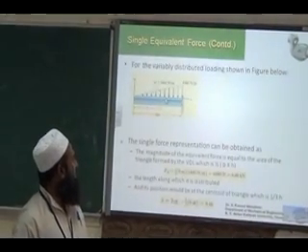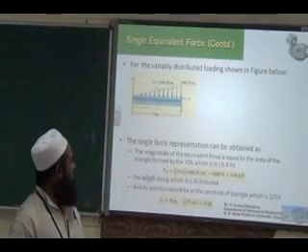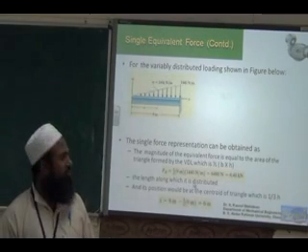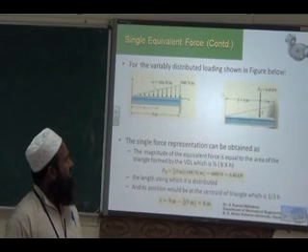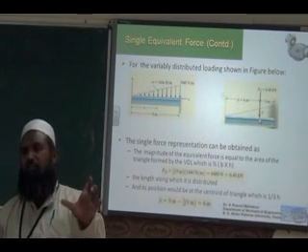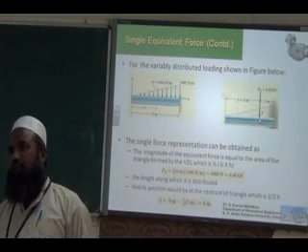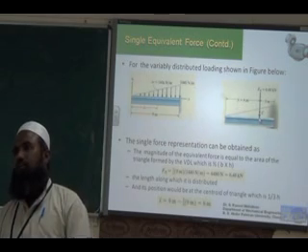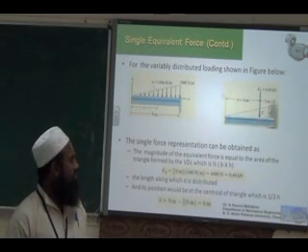So from the left end, it is x minus 1/3 of h, total length minus 1/3 of h. Like this. So first we find out the net force, then we consider the centroid. At the centroid, you will have the force acting, that is the position of the force.